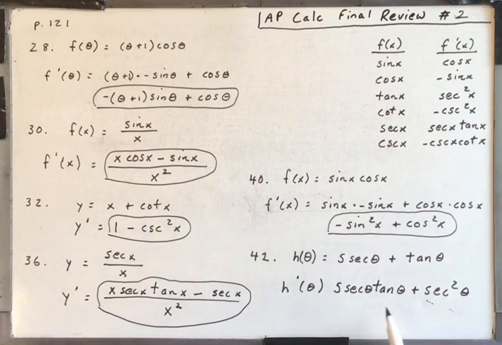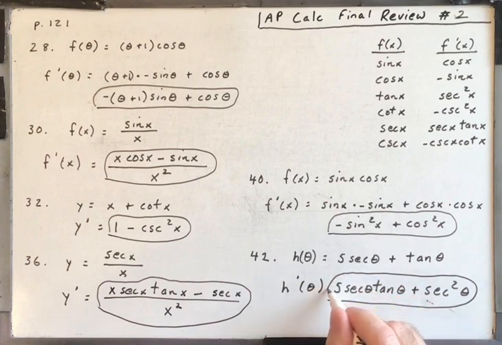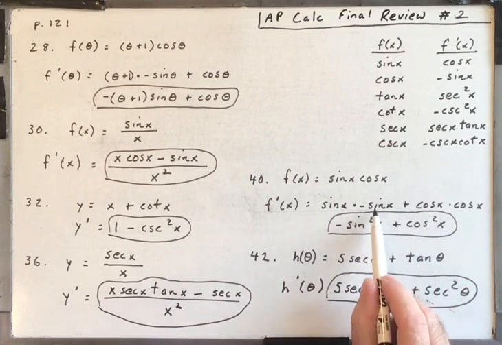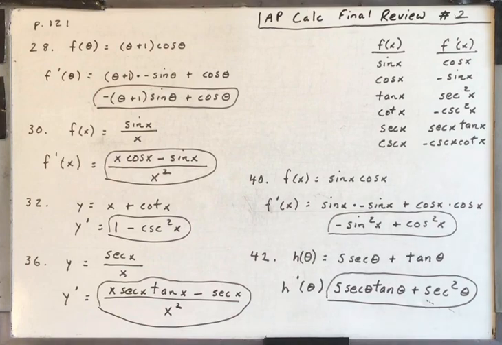All right. The book also probably would factor out a secant theta, but to me it doesn't really make anything better if you do that. It doesn't really make it a tremendously simpler function, whereas here, by combining and making it squared, you're getting rid of two terms, so I think that's worth it. All right, I'm going to erase, so pause if you need to, and we will pick up with number 48.